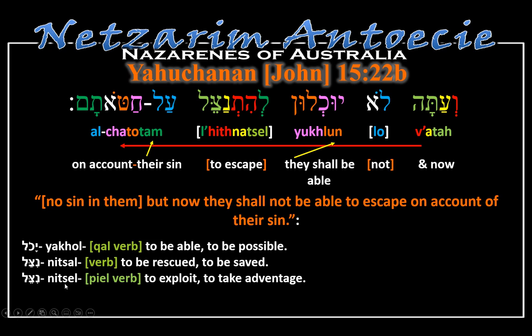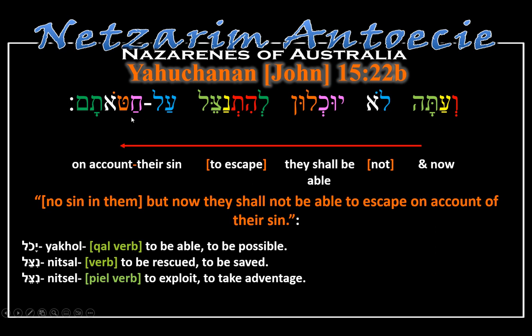But the form here is more like nitzel, which is a PL verb to exploit, to take advantage, or to escape. Right, and we're going to read that now, which is Ve'ata lo yukhlun lehitnatzel al chatotam.